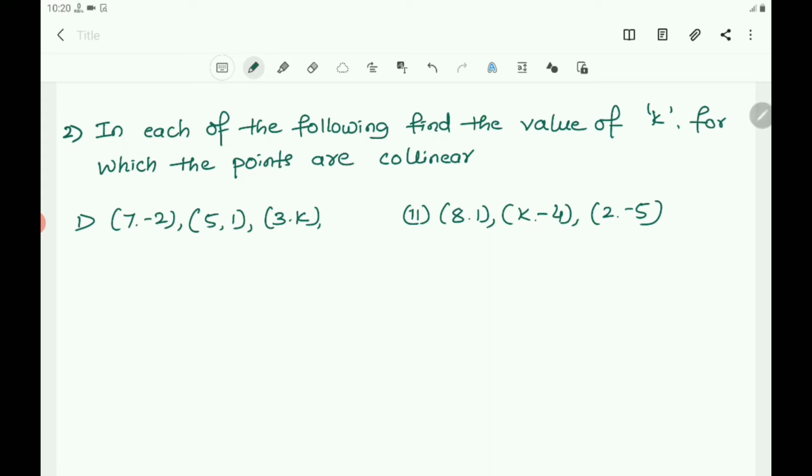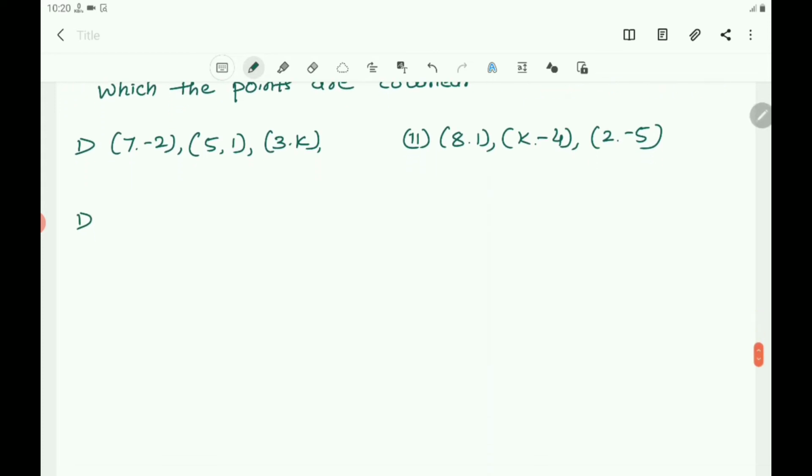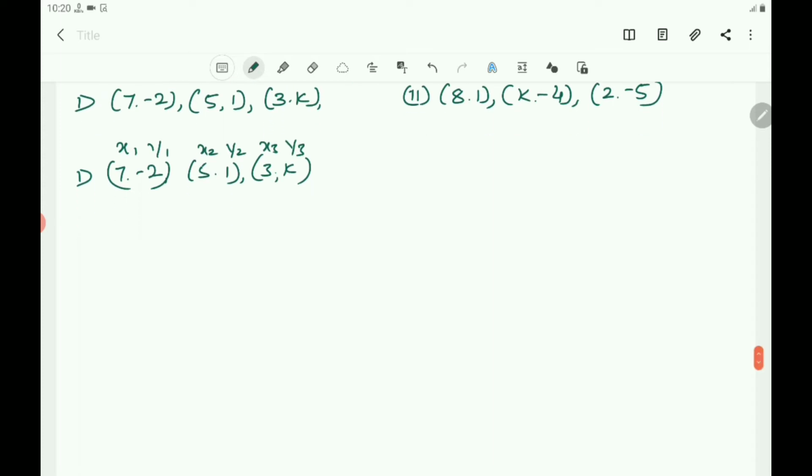Now you take the first one, that is 7, minus 2, 5, 1, 3, k. Now you consider the vertices are x1, y1, x2, y2, x3, y3. Then write the formula for the area.